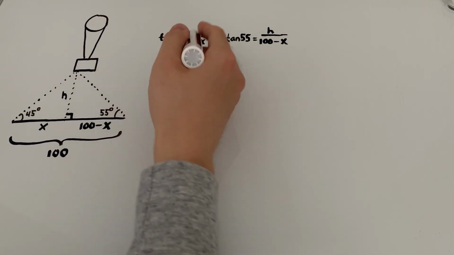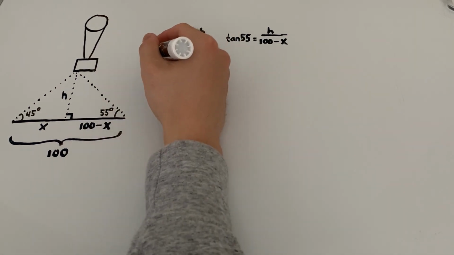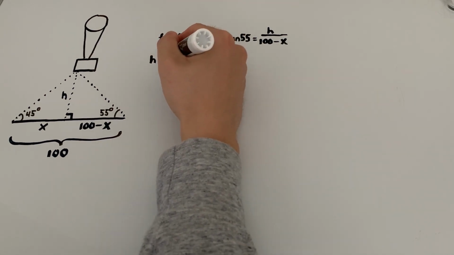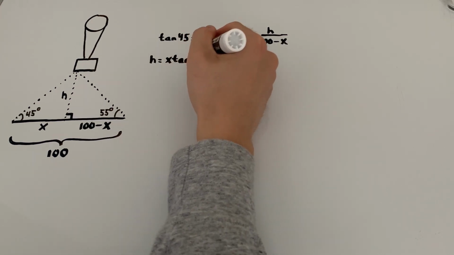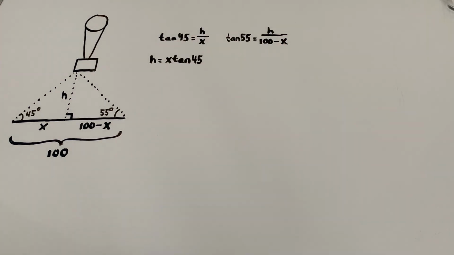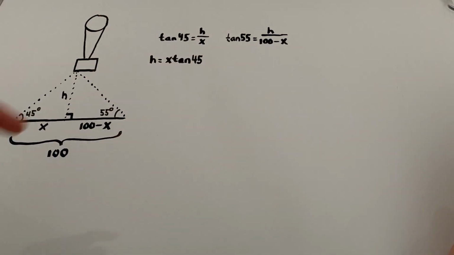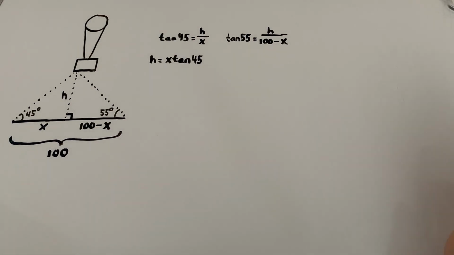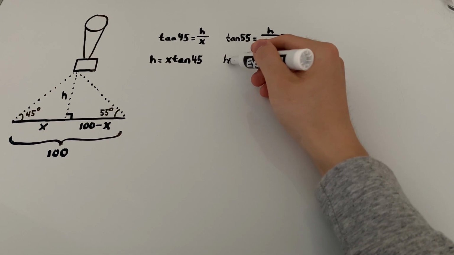And now from here, if tan 45 is equal to h over x, then h is also equal to x times tangent 45. And in this case, if tangent 55 is equal to h over 100 minus x, then let's solve for h on its own. Why am I doing this? I think you'll see.